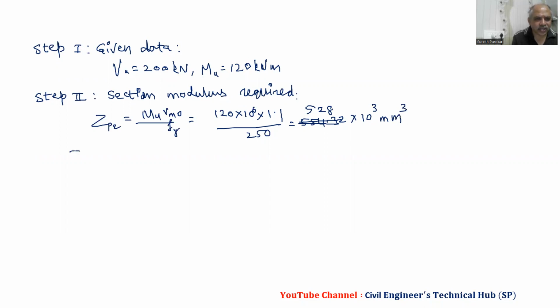Now you have one section, ISLB 300, at 369.684 Newton per meter, and if you go to this, you have ZPZ equal to 554.32 into 10 raised to 3 millimeter cube.